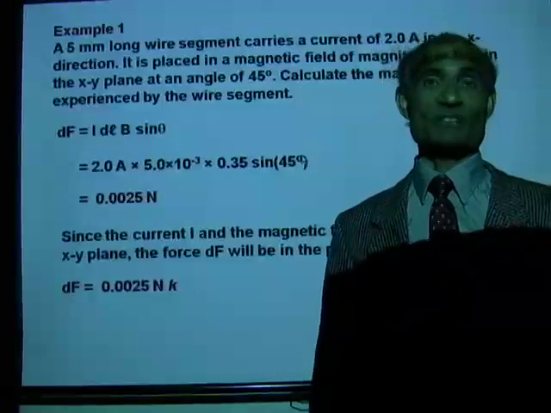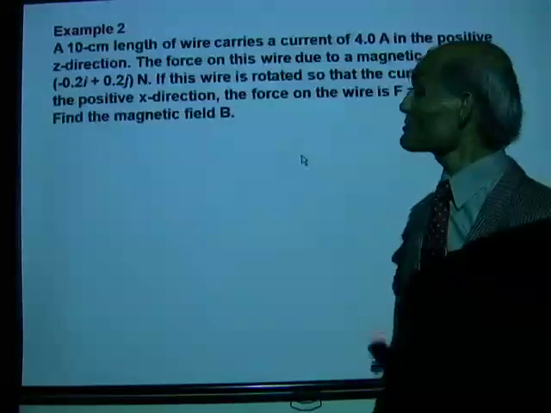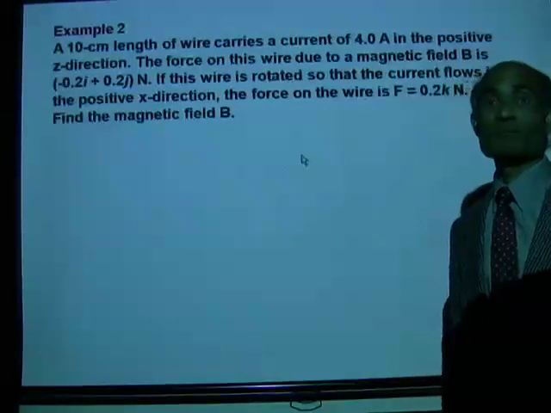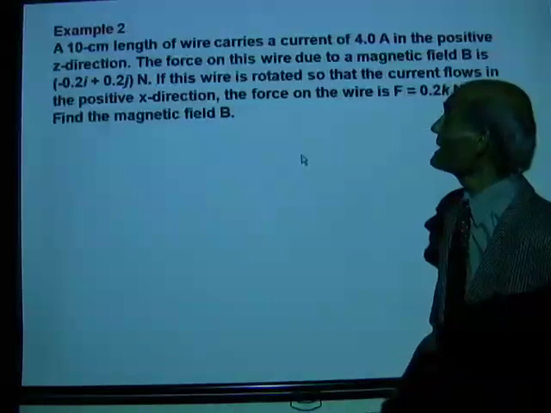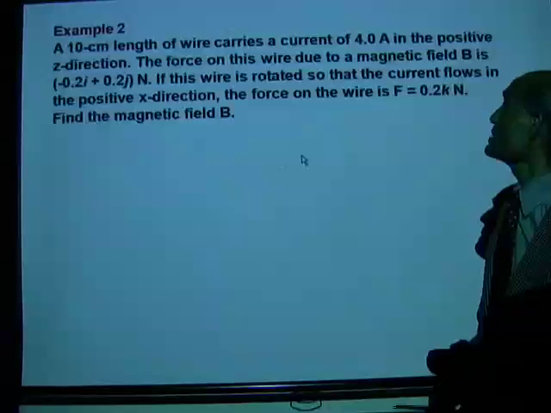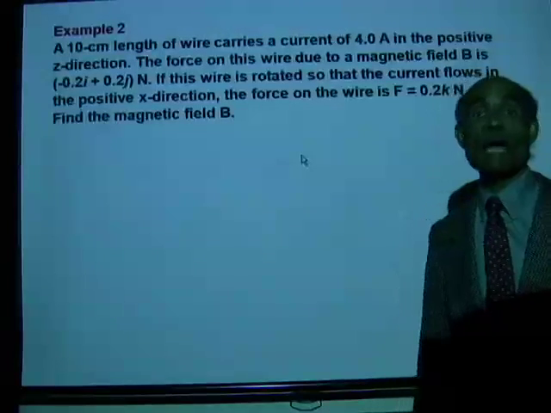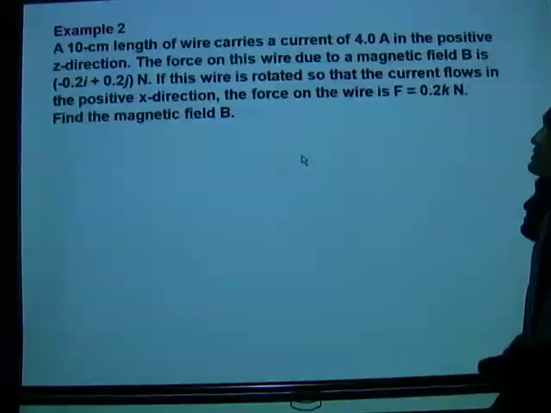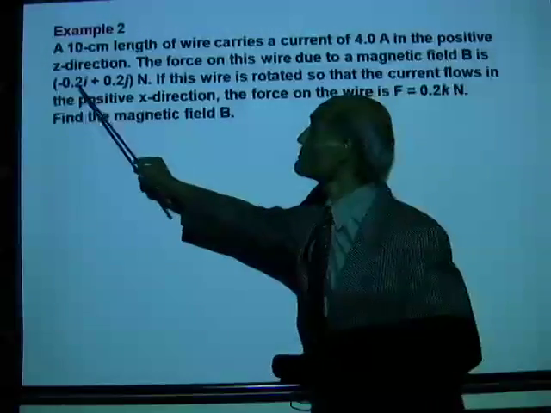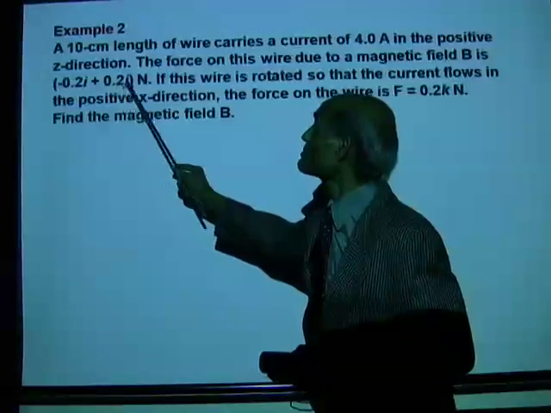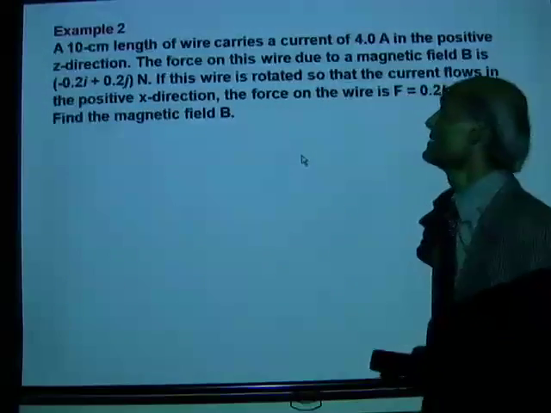Z direction. Let's do another one. A little more involved problem. A 10 centimeter length wire carries a current of 4 ampere in the positive Z direction. The force on this wire due to a magnetic field B is negative 2I plus 0.2J Newton.